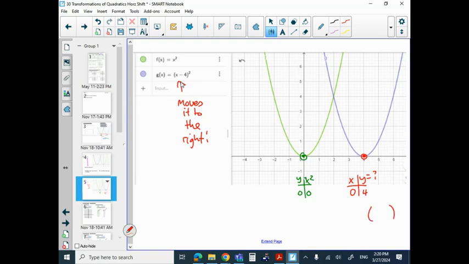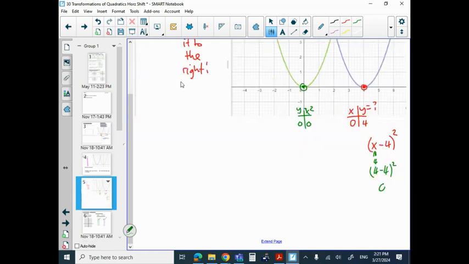If I put 4 into x plus 4, it becomes 8, and 8 squared would not be 0. But if I put 4 into an x minus 4 equation, it becomes 4 take away 4, which is 0 squared, which is 0, which was what we needed.